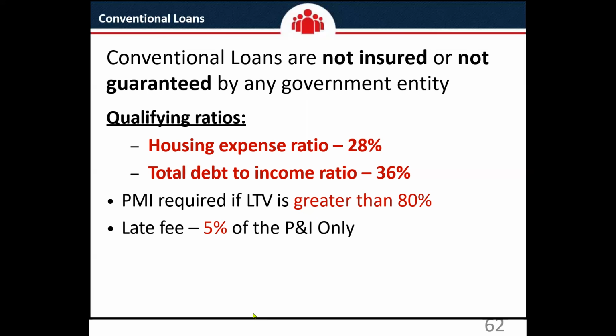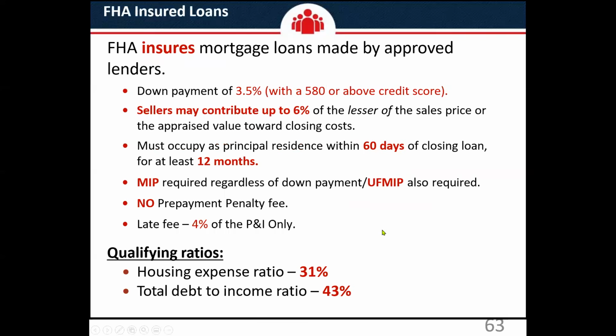Servicers do the same thing on government loans, and on government loans they only charge 4%, my bad. They charge 5% for servicing conventional loans. That's how servicers actually make their money.